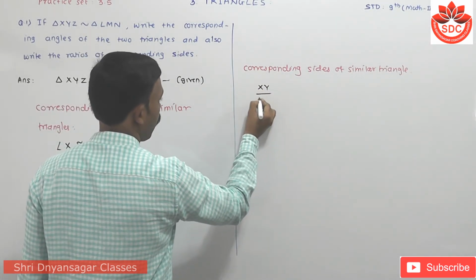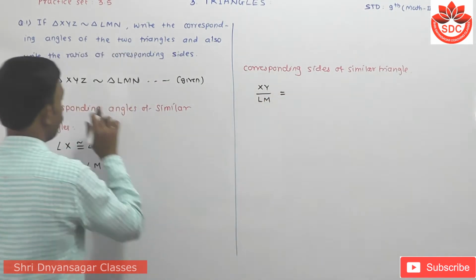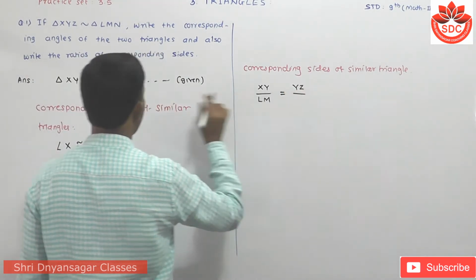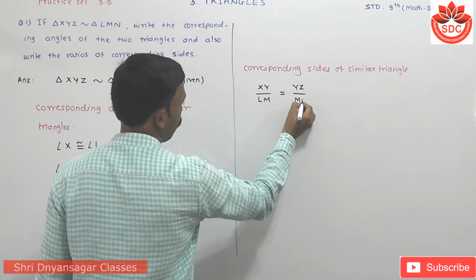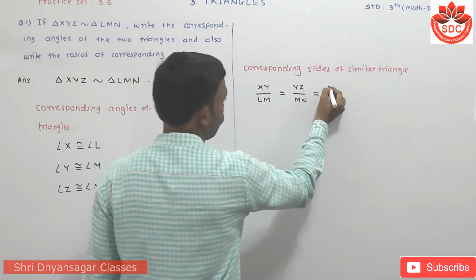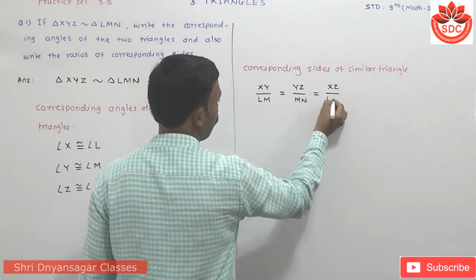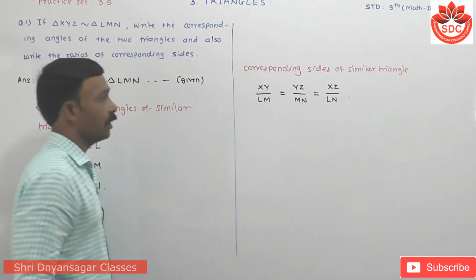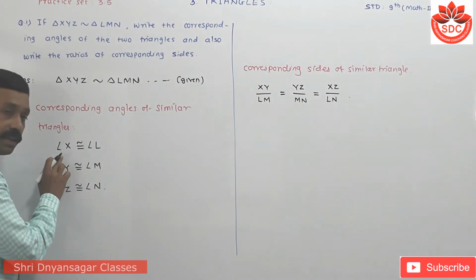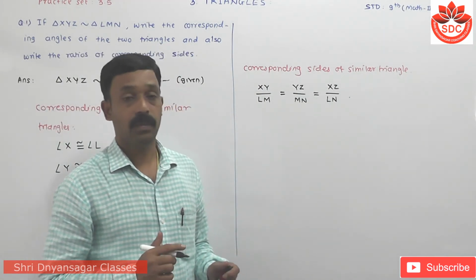This ratio XY upon LM is equal to the second and third vertices forming the segment, YZ upon MN. And the third ratio, first and last points, XZ upon LN. These are the corresponding sides of the similar triangles. All of you know that corresponding angles are congruent or equal and the corresponding sides are in proportion.